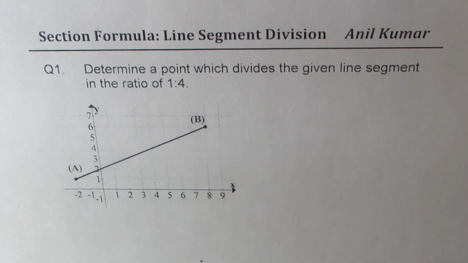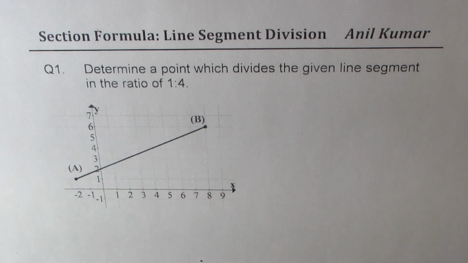The graph is rather light, however, I hope you can see the points, right? So we'll have both external and internal. The very first example is division of a line segment internally. Question number 1, determine a point which divides the given line segment in the ratio 1:4.